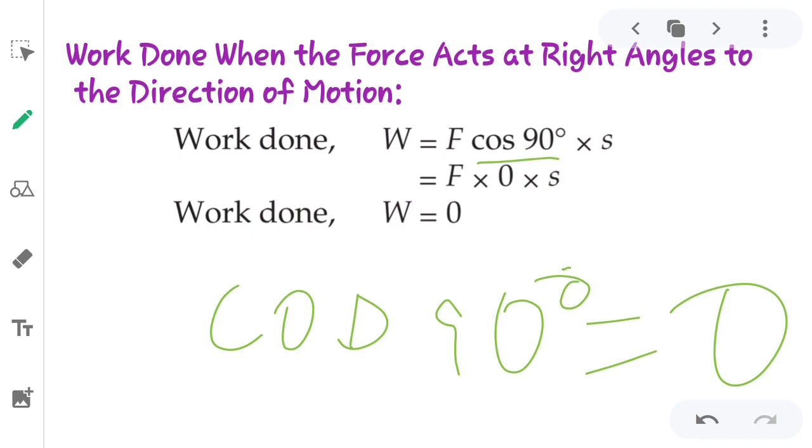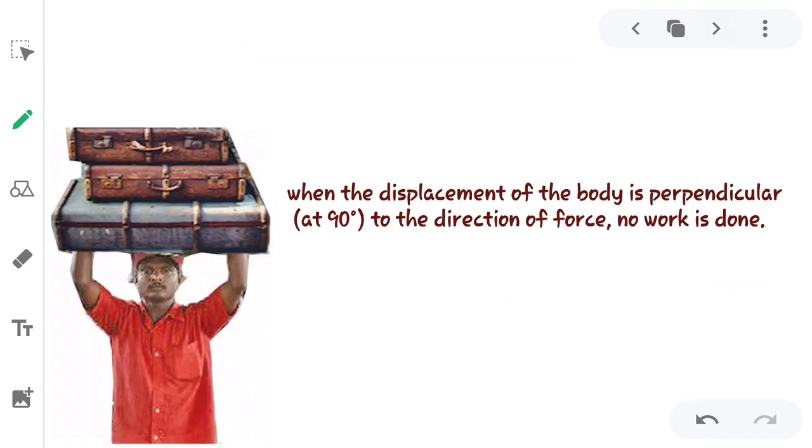So keep this in your mind: whenever theta will become 90 degree, the total work done will become 0. I'll give you some examples of cases in which theta becomes 90 degree. Look at this picture here. This man, called a coolie, has kept all the luggage on his head.